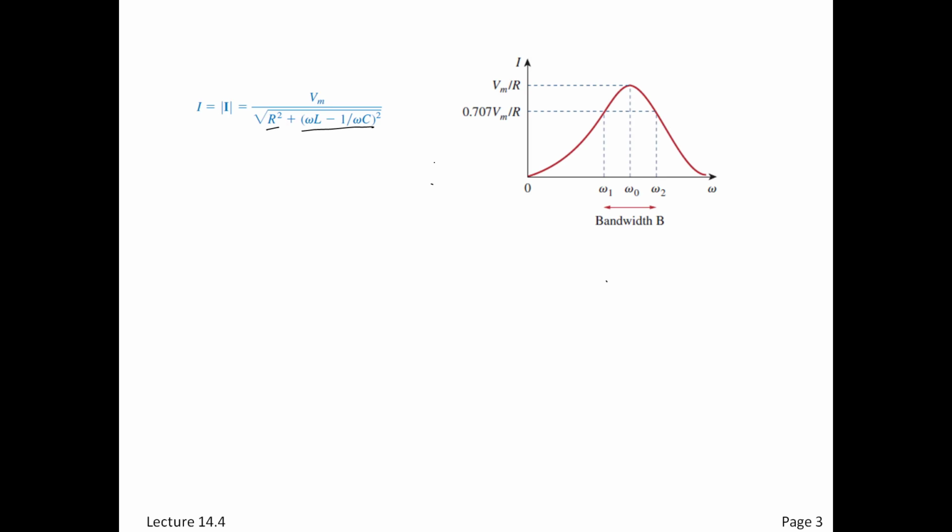Our terms are easy, our R squared plus this whole thing squared. And that's going to look like this. Okay? And so here is that expression, Vm over R. This will be the peak, just like it's shown here.